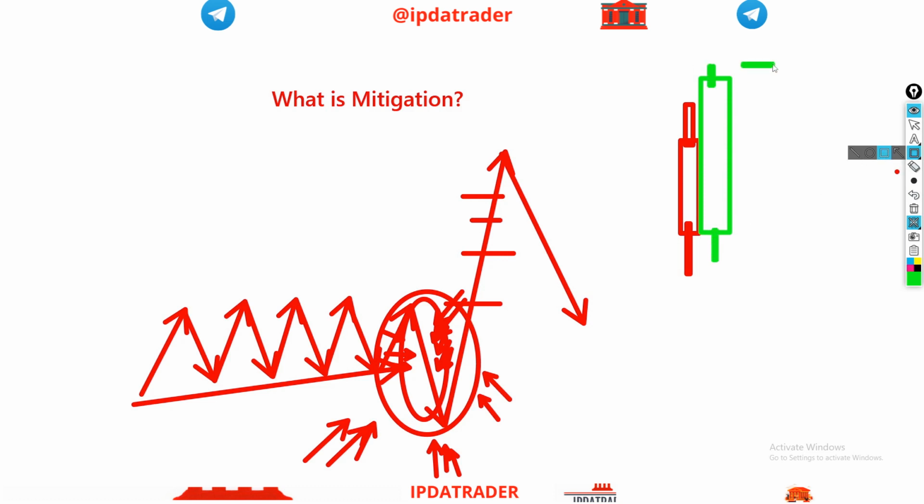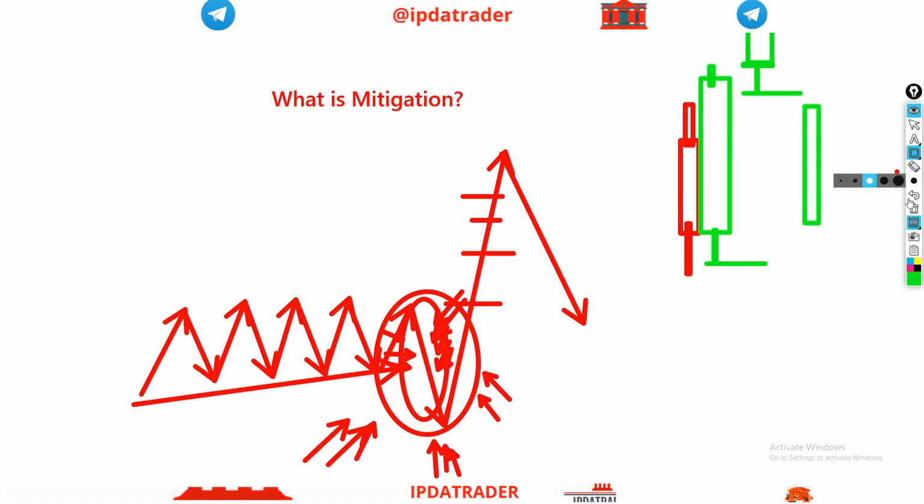Maybe the next candle barely wicks down and continues pushing higher, and you can see it on the charts that you have imbalance all the way here, and that price really needs to return at some point, because all they did here was offer buy side, and the market needs to be balanced out. So at some point they're going to return here and they're going to be offering sell side.